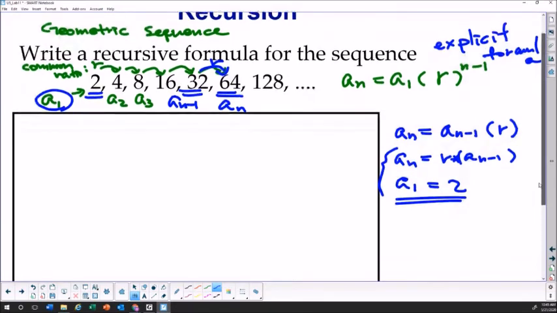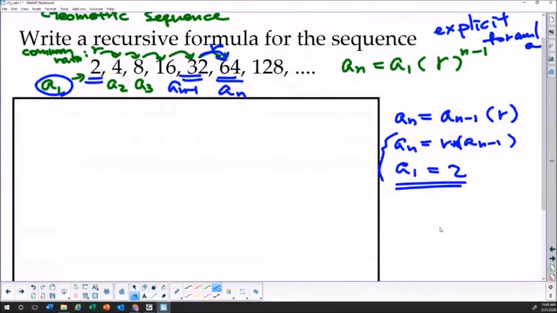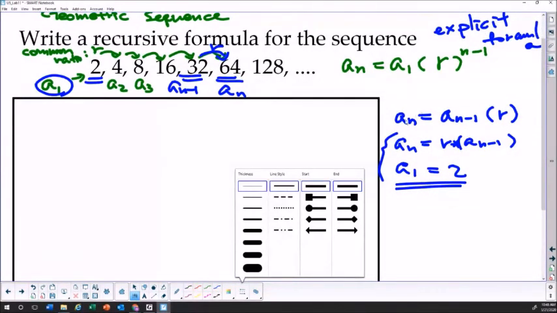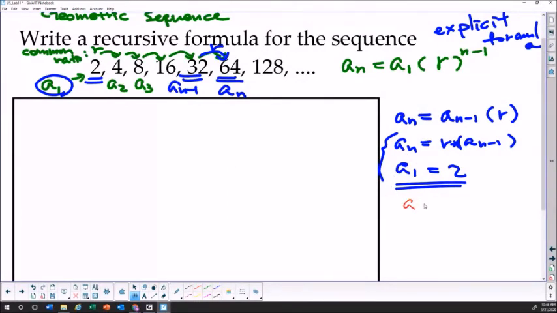I'm going to rewrite this as a method. I'm going to say A is the method name, so A passing n. This is my method. Inside this method, I'm going to have two cases.